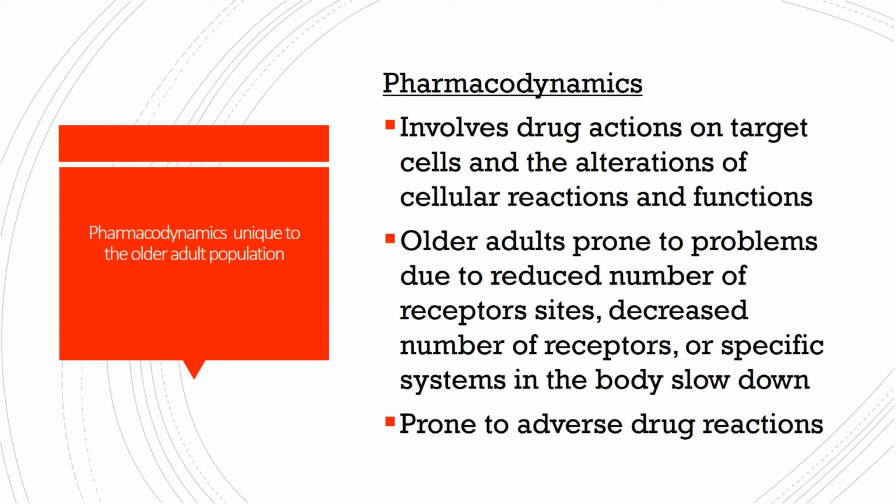We have issues with a reduced number of receptor sites, and the specific systems in the body slow down. That makes it a unique problem for our geriatric population and makes them prone to an increase in drug reactions.